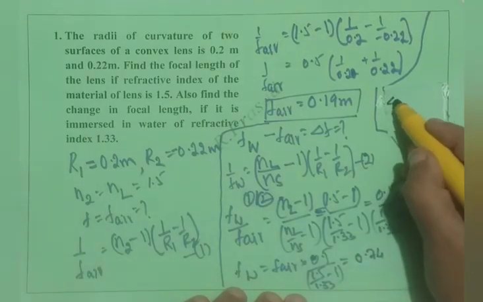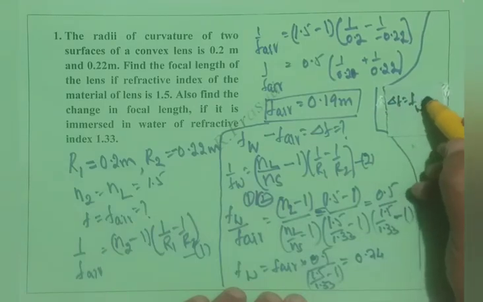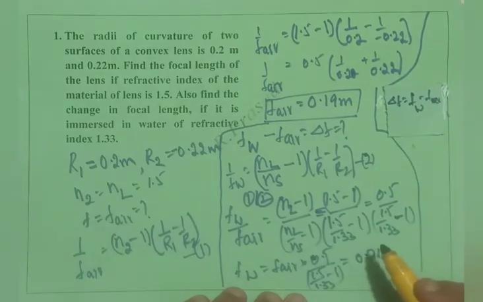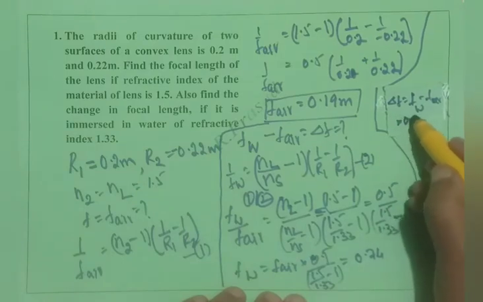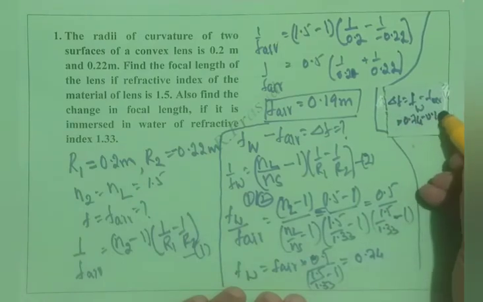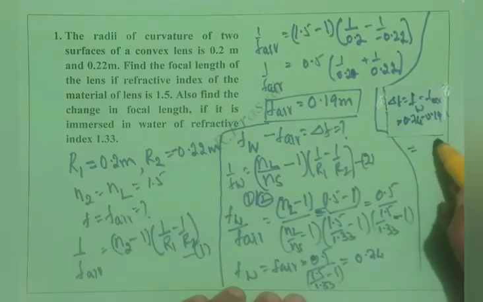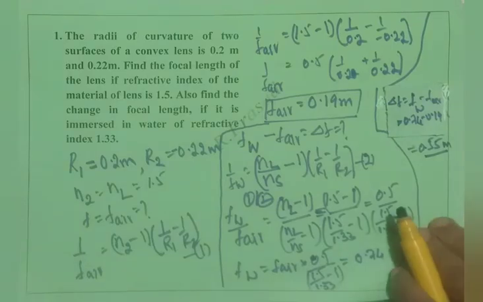Therefore, the change in focal length, delta F, equals Fw minus F air, which is 0.74 minus 0.19. That means 0.55 meter is the change in focal length. So with this, we proceed on to the second numerical.